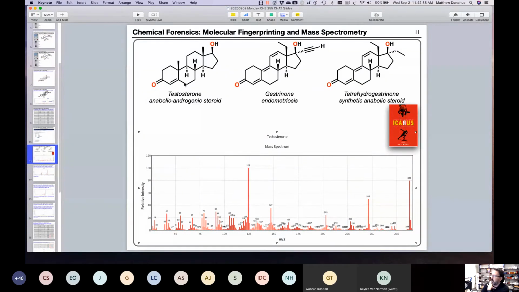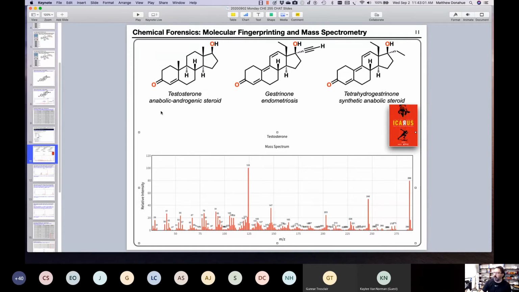So look at these structures. All three of these structures are steroids. You might think steroids are what you shoot to get big muscles, but there are a lot of different steroids in your body. A steroid is a hormone that signals to your body that some biological process should occur.